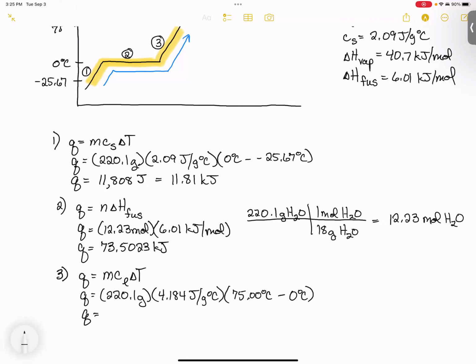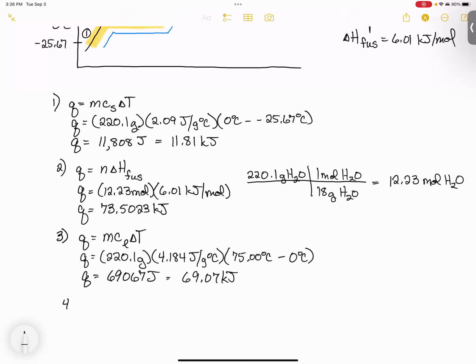So Q is equal to 69,067 joules, or 69.07 kilojoules.